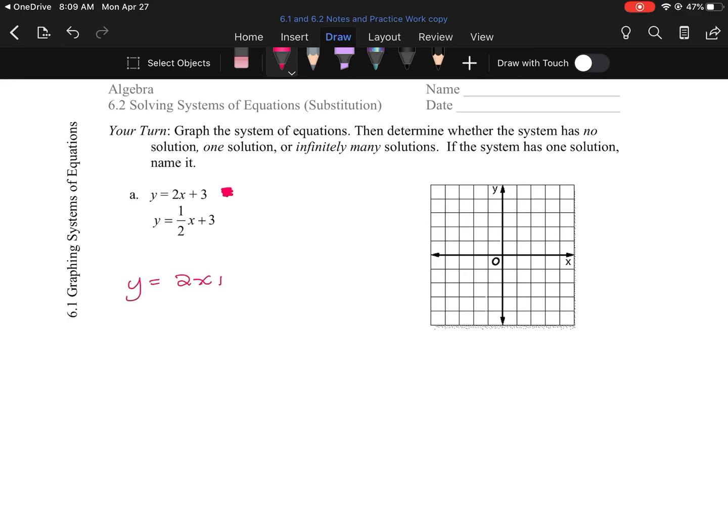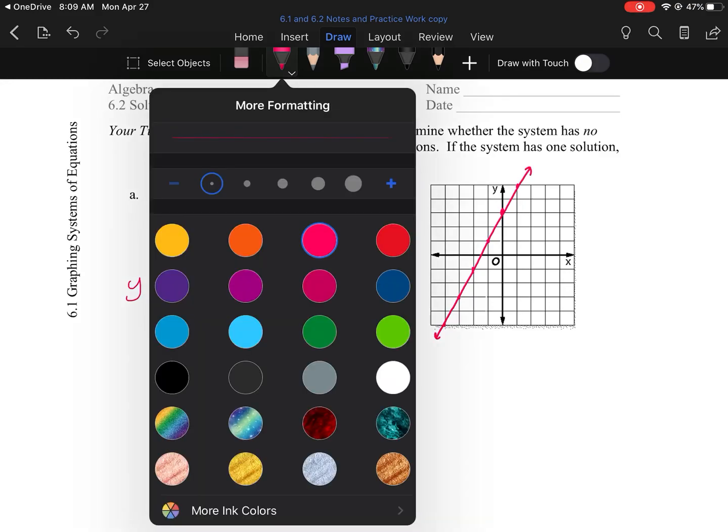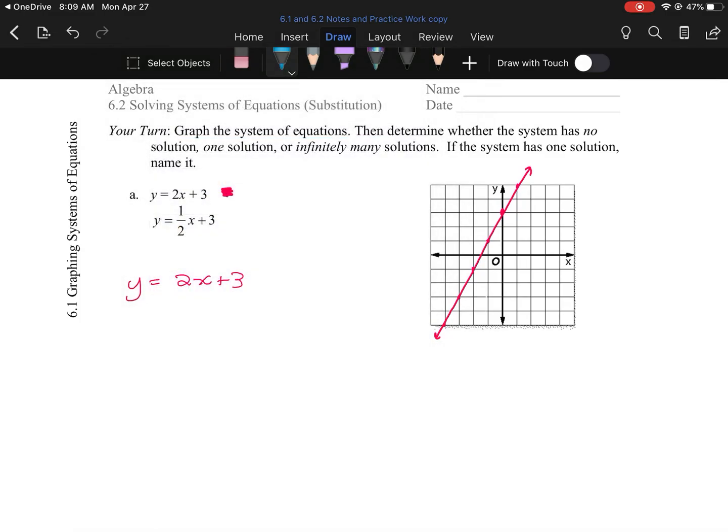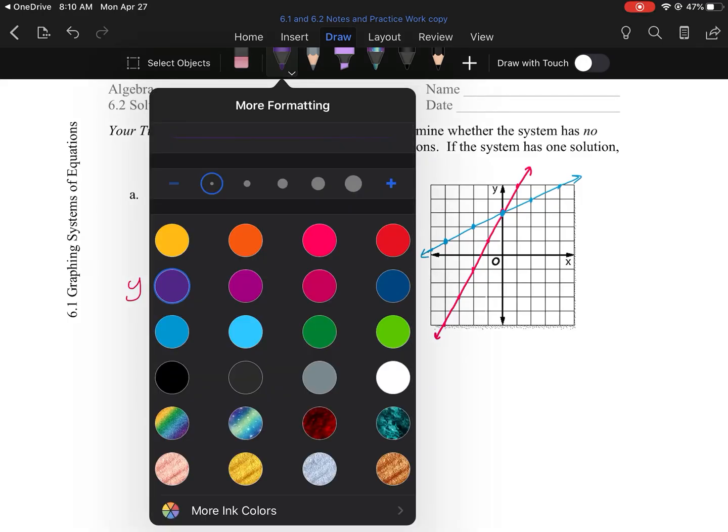Oh, we got lucky on this one. This one's already solved for y. All right, so this one we actually get a solution.